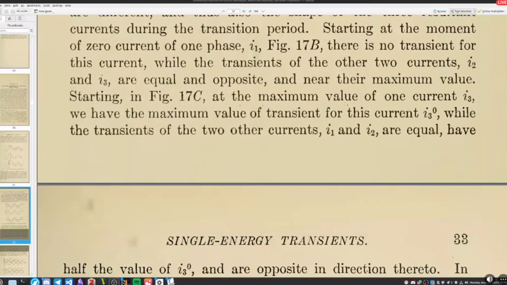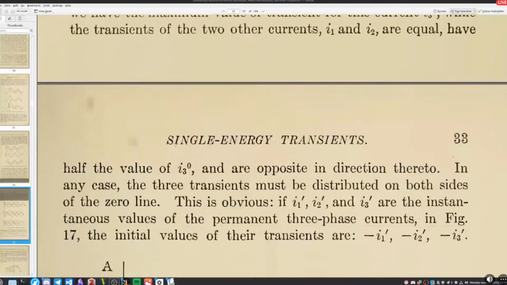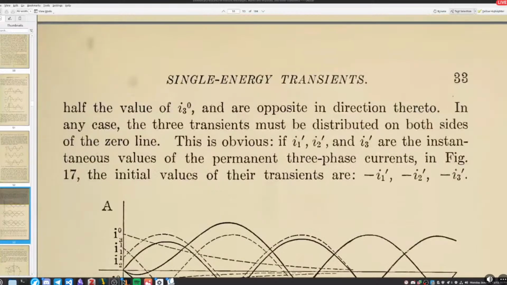While the transients of the two currents I sub 1 and I sub 2 are equal, have half of the value of I sub 3 0, and are in opposite direction thereto. In any case, the three transients must be distributed on both sides of the zero line.